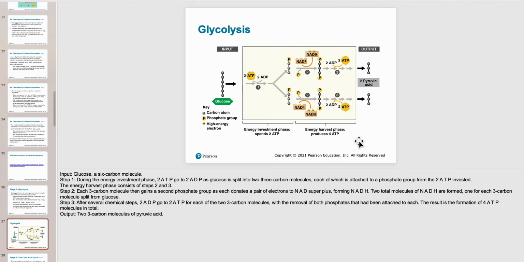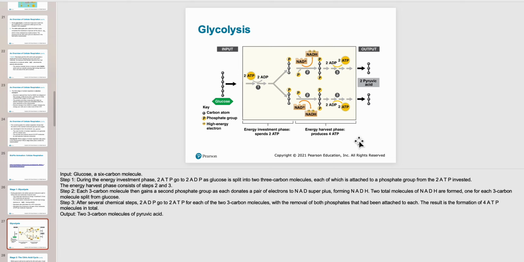But Nemish, a moment ago, you told me that glycolysis only produces 2 ATPs. Well, if you do the math here, a simple math, you put 2 in, you got 4 out, right? So you invested 2, but you made 4. So the net, the overall, is still what? 2 ATPs.